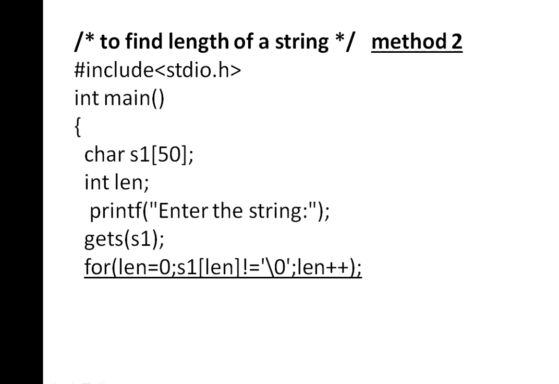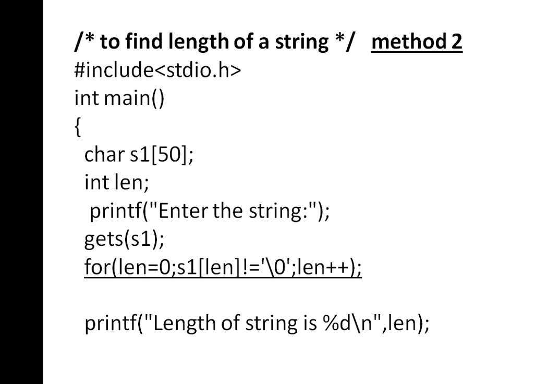If my input is rec and len equal to 0, input is r, yes, it is allowed. Again s1 of 1, input is e, yes, next len is 2. Again c, yes, it is allowed, and len is 3. After rec we have slash 0, so the condition is false and it closes the loop and comes out. Now len contains the count as 3.